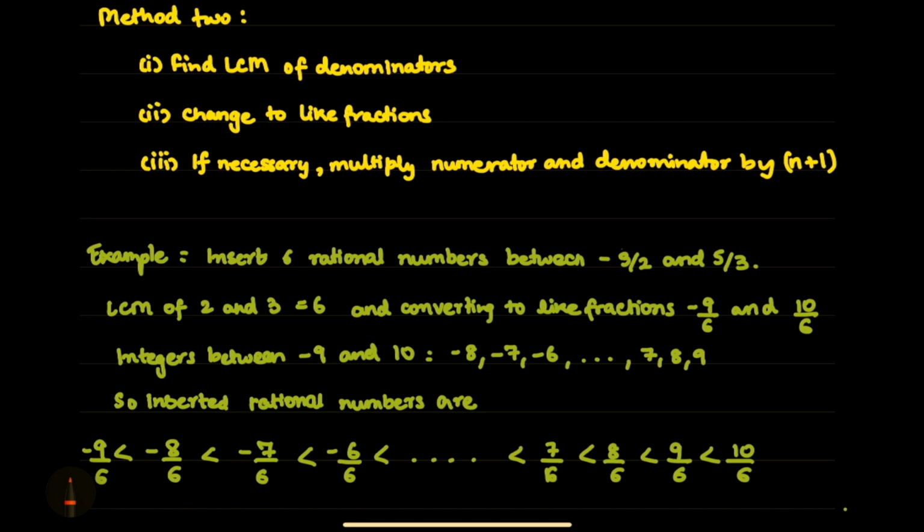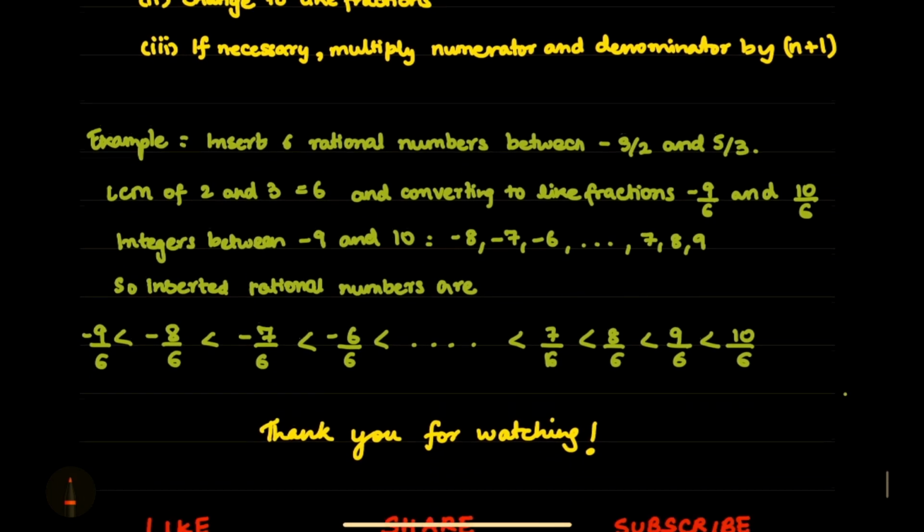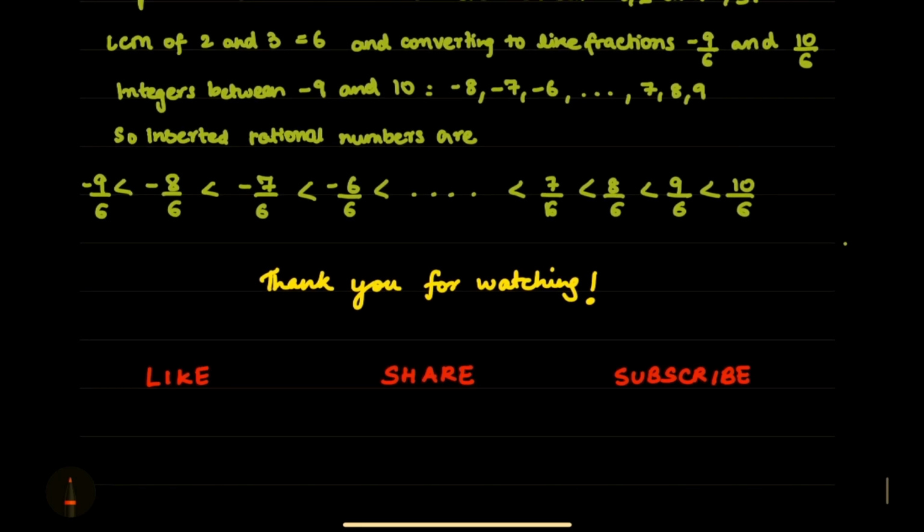Then we find the integers between minus 9 and 10, which can be minus 8, minus 7, minus 6, all the way up to 7, 8, 9. And thus we can insert the rational numbers between these two values as minus 8 by 6, minus 7 by 6, minus 6 by 6, all the way up to 7 by 6, 8 by 6, and 9 by 6.